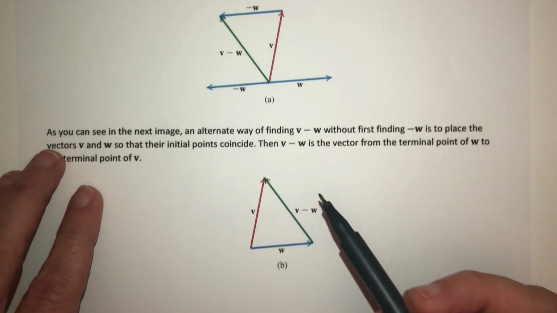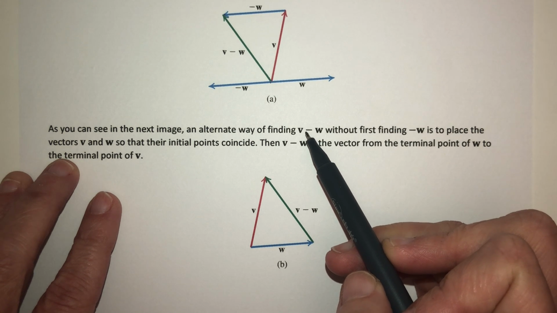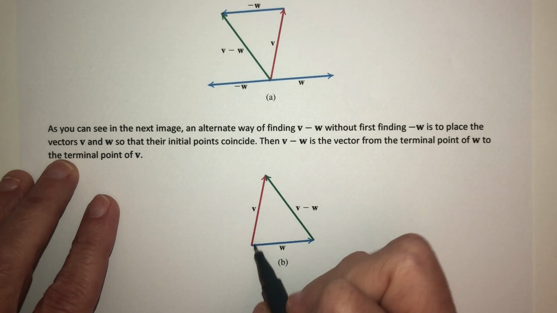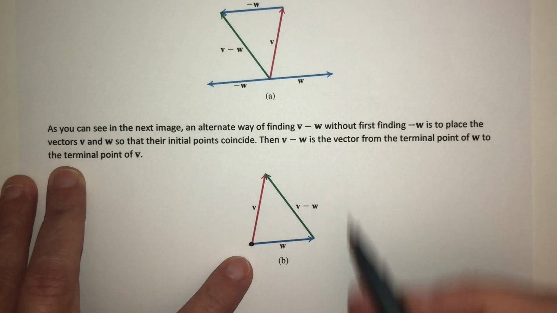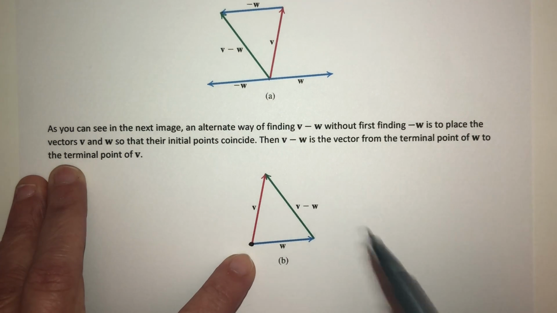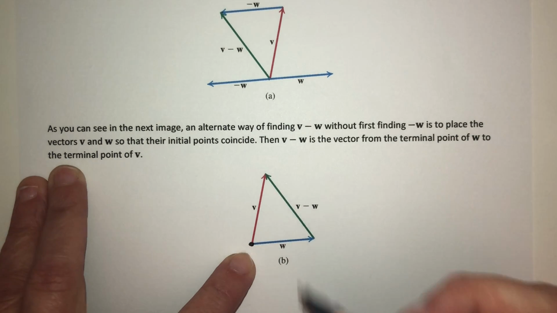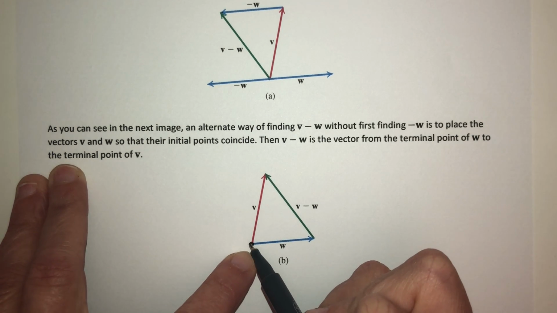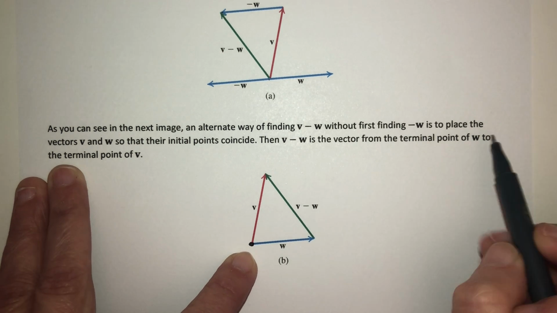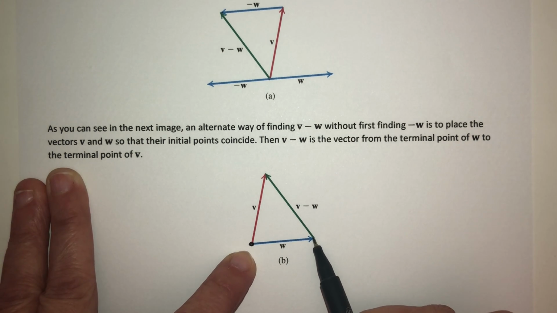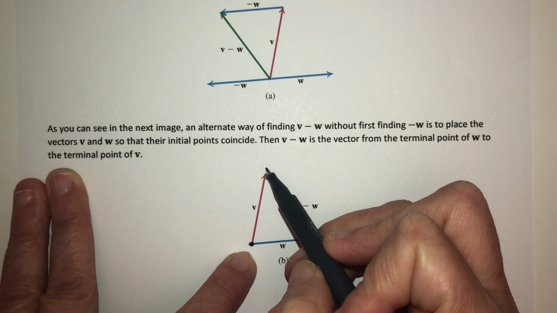So what you do when you are subtracting is you place your two vectors so that they share an initial point. When you're adding, you put the second one at the terminal point of the first. But when you're subtracting, they share an initial point. And then v minus w is the vector from the terminal point of w to the terminal point of v.